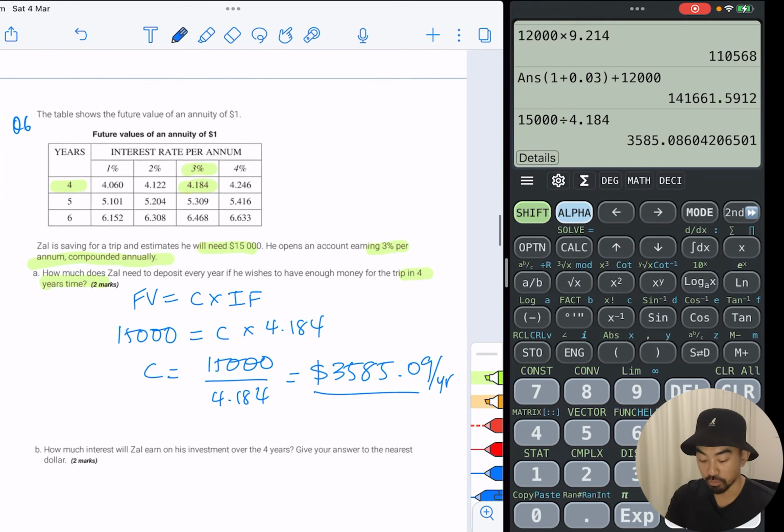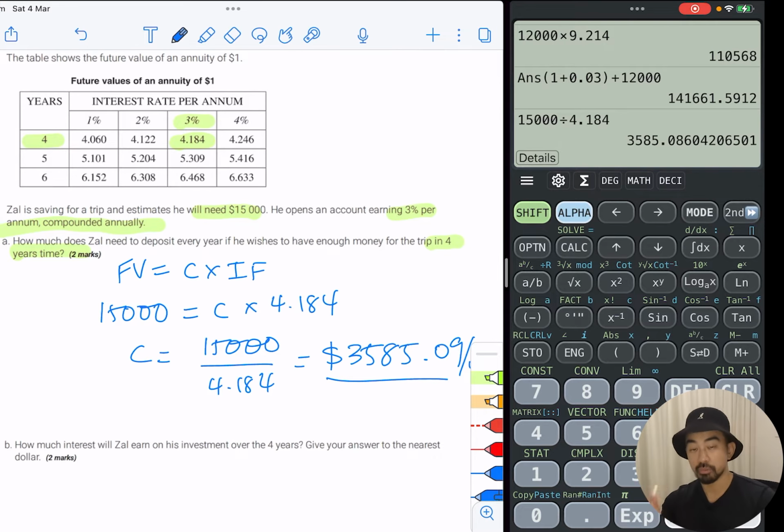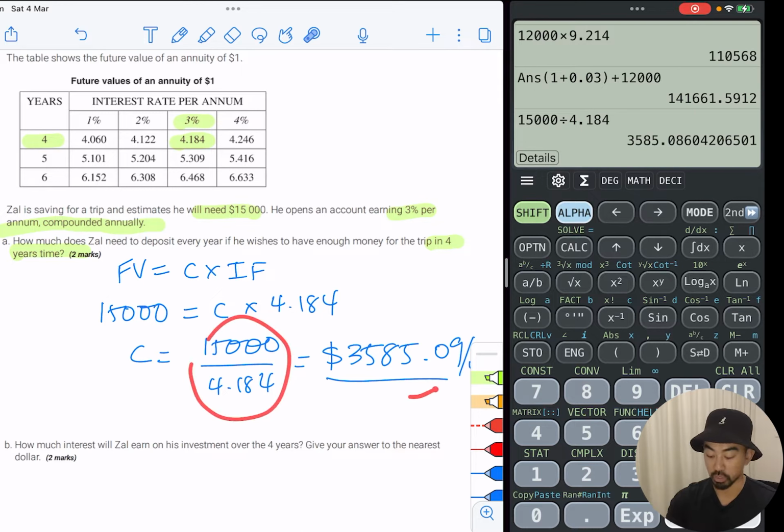Okay, now before I move on, some math teachers might grill me about this, but you don't really need to understand what this is talking about. As long as you know, once you get your interest factor, which is not very hard to do, there's only two options. You either times or divide this 15,000, really. Now if you divide it like we have, you get a number which makes sense in the scheme of things. So he's going to deposit $3,585 every year in order to get 15 grand.